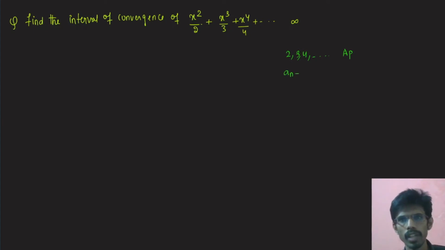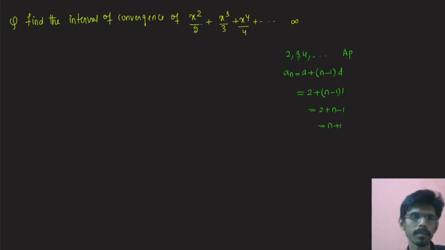All these numbers are in arithmetic progression. Its general term an will be a plus n minus 1 into d. So a value is first term, that is 2, n minus 1 into common difference is 1. So we have 2 plus n minus 1, that will be n plus 1.